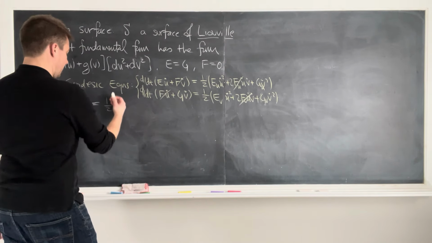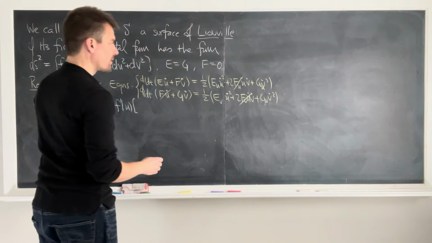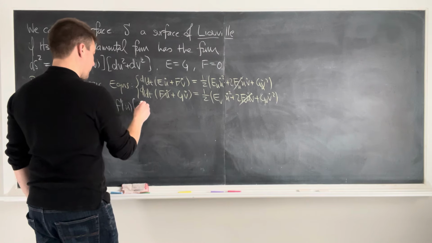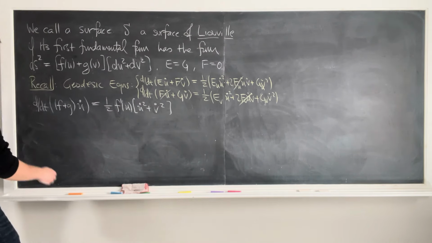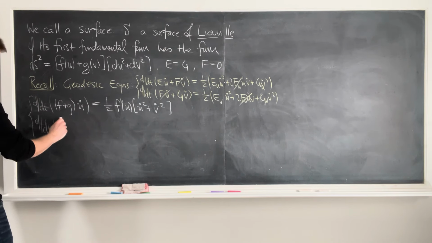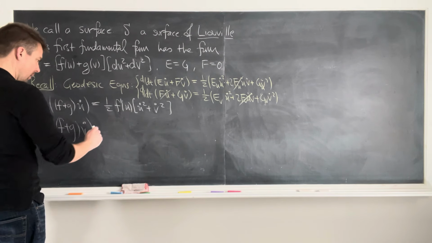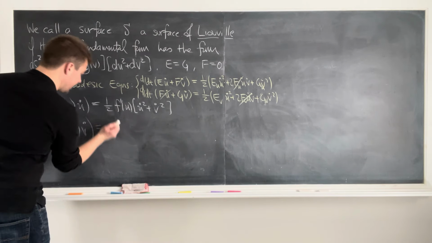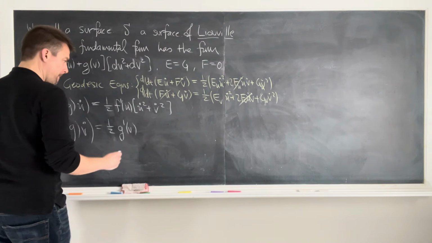So I'm going to have a factor of f prime of u for both, and then what's left is u dot squared plus v dot squared, like so. And then the second equation is d by dt of f plus g, v dot is equal to 1/2. And now these are v derivatives, so I have a prefactor of g prime of v in both of them.